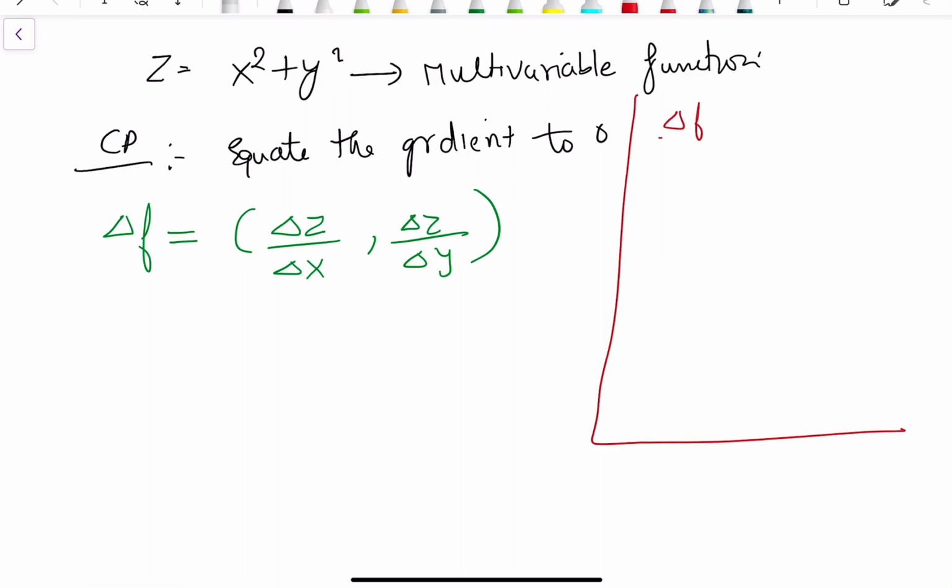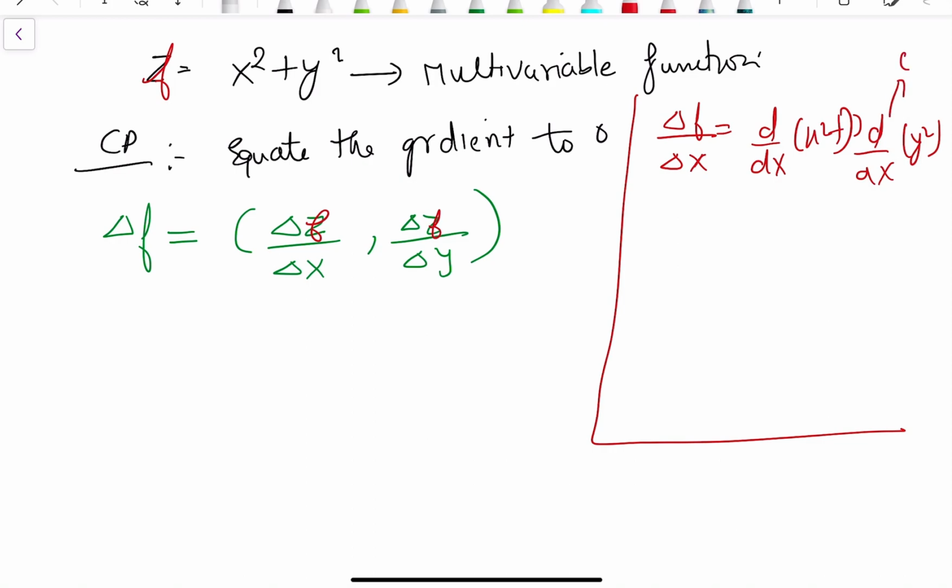So del f by del x. Okay, let's call z as f, that will be better. Let's differentiate with respect to x, so we'll take y constant. This will be derivative of x square plus derivative of y square with respect to x.